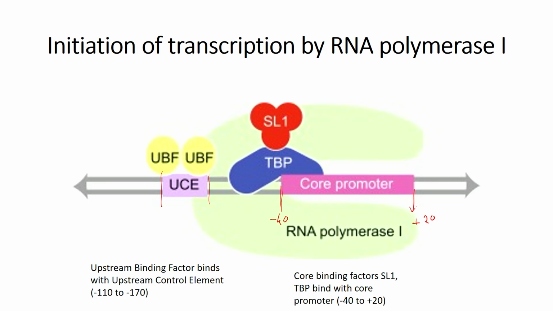So this is how the initiation of transcription occurs: RNA polymerase comes, binds here, then moves and transcribes the region. When initially the RNA polymerase is bound, the transcription starts, but RNA polymerase has not moved.